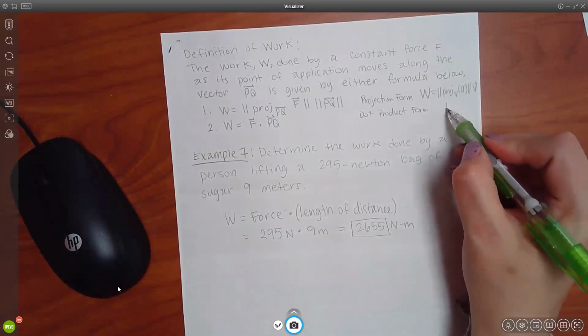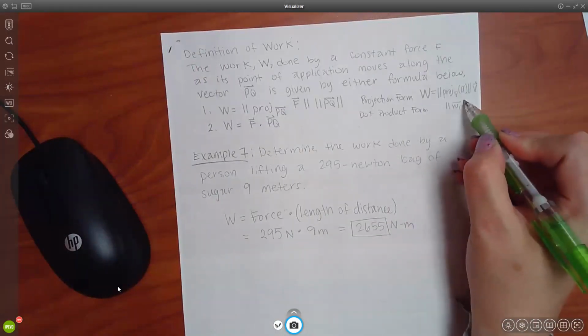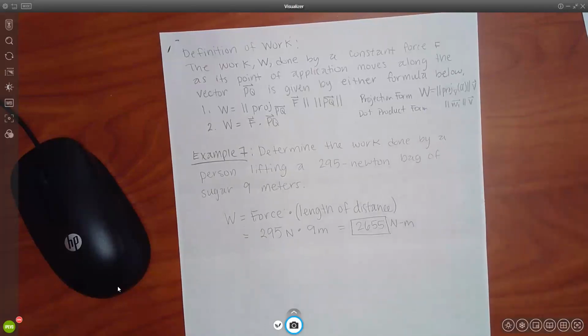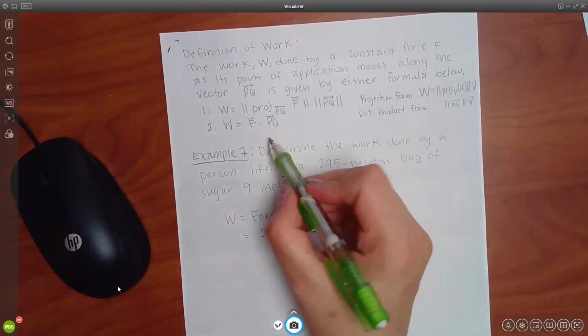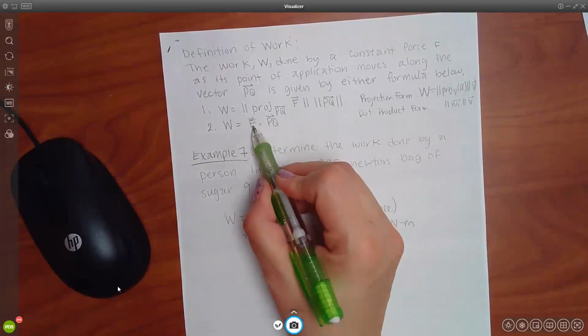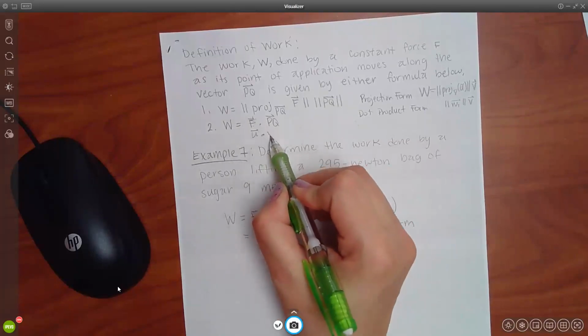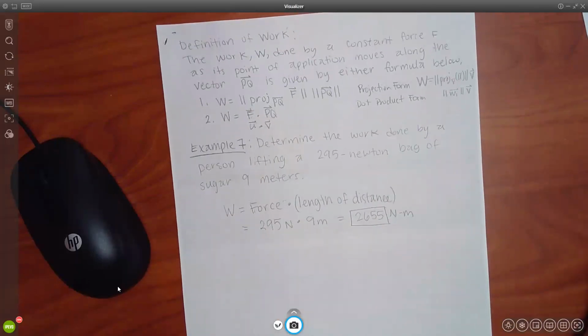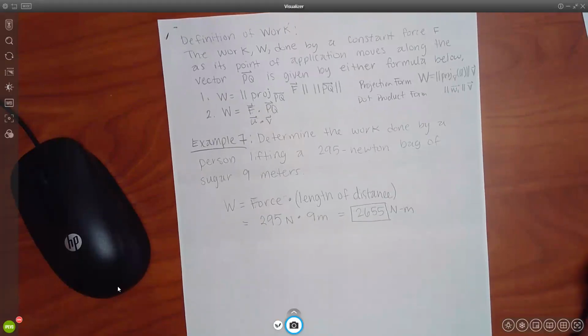It's basically the magnitude of the W1 times the V. And then over here, you're just taking F, which is the U dot the V. So there's two different formulas there. You can choose which one.